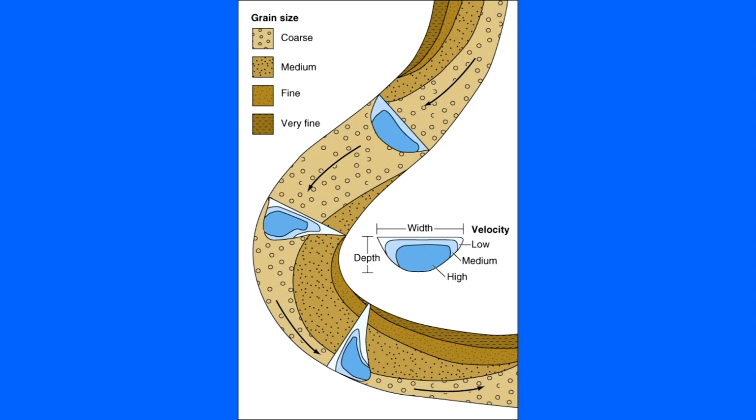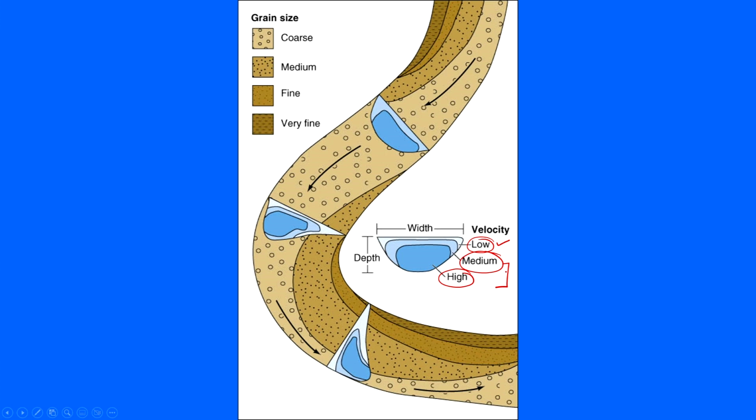In the meander, the energy condition is higher here, similarly here also. This shows the velocity, high, medium and low. Mostly in the meandering part you will also have the low component, whereas in the straight part you will have mostly the medium.